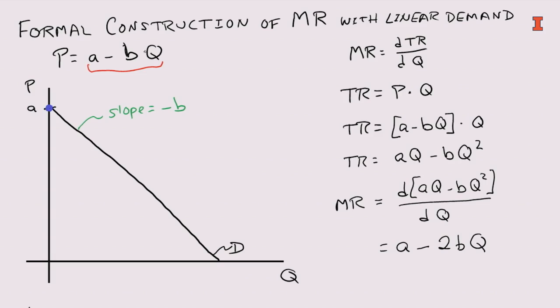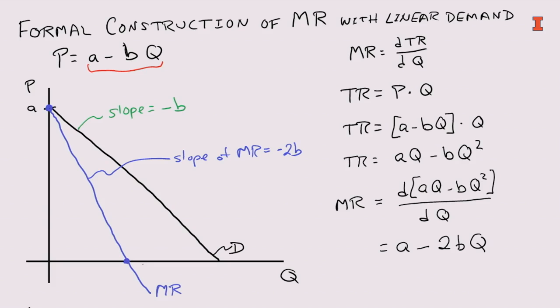The slope of the demand curve is minus B. The slope of the marginal revenue curve is minus 2B, which means that the marginal revenue curve goes down at twice the slope of the demand curve. The marginal revenue curve has a slope of MR equals minus 2B. So it goes down twice as fast as the demand curve.